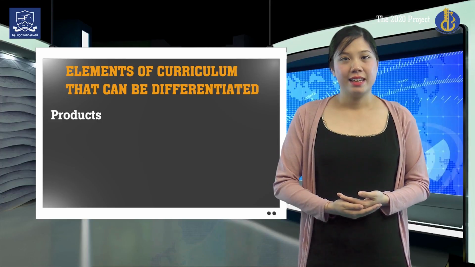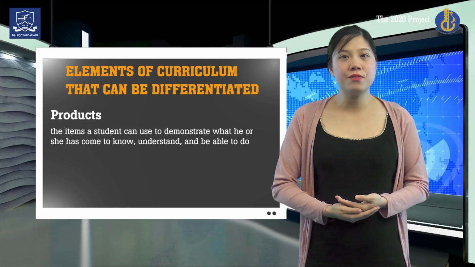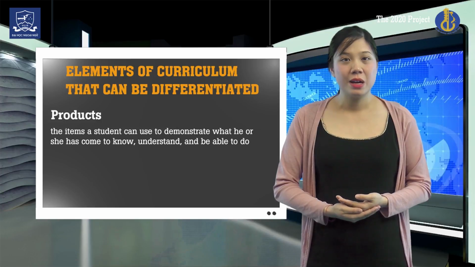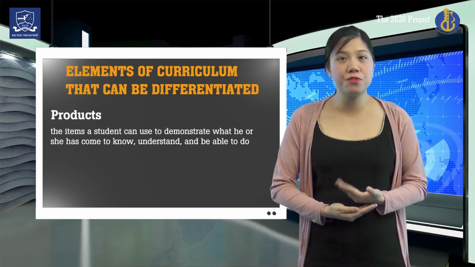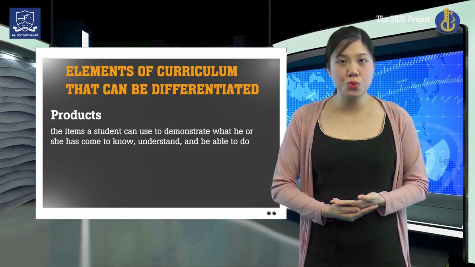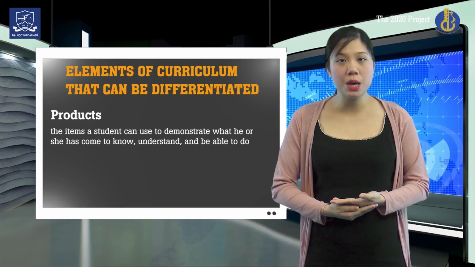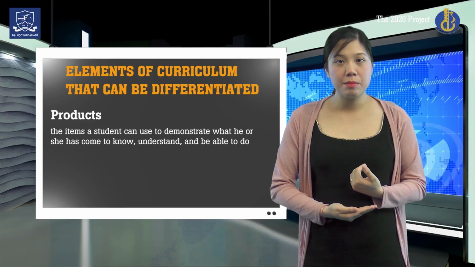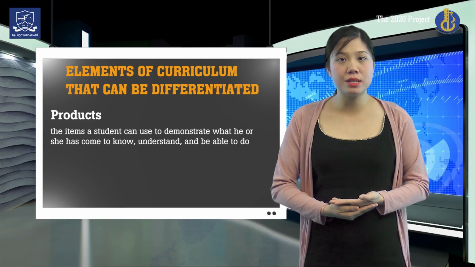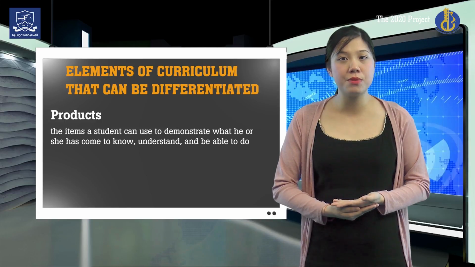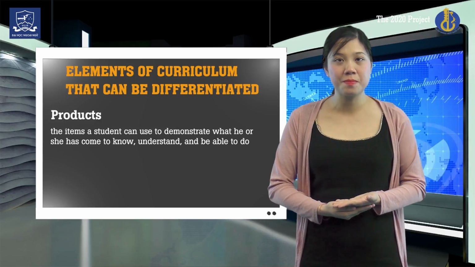Products. A teacher can also differentiate products. We use the term products to refer to the items a student can use to demonstrate what he or she has come to know, understand, and be able to do as a result of an extended period of study.